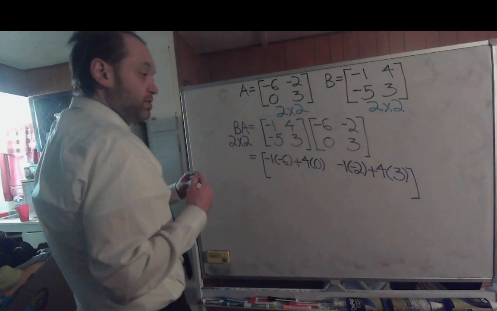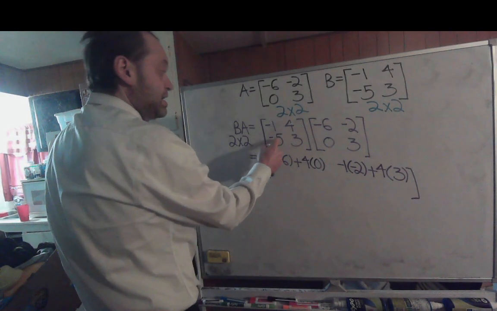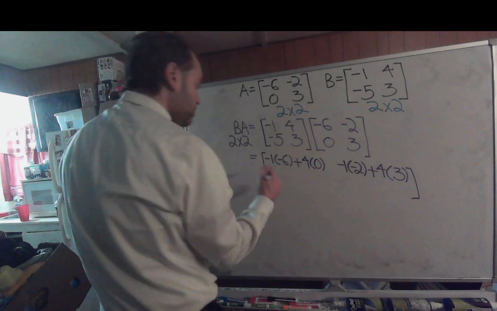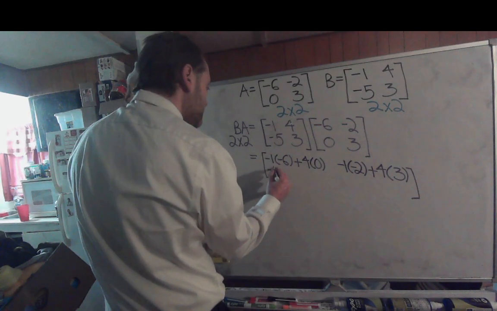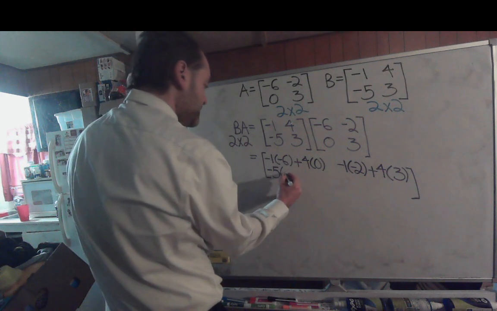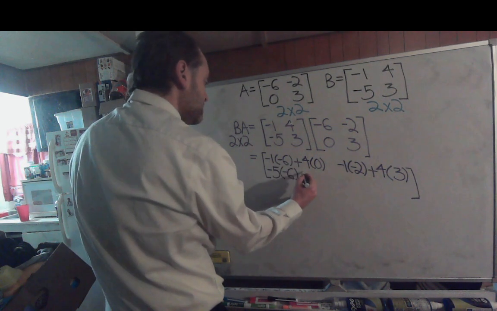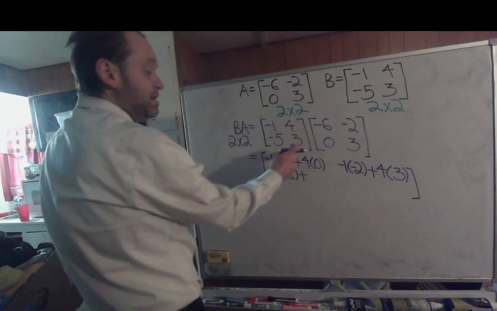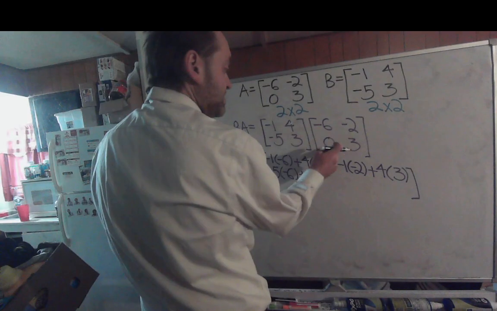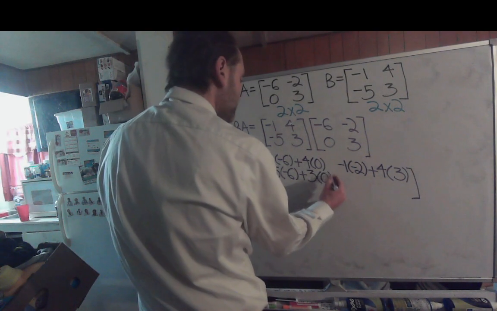Now to get your third number, you'll take the first number in the second row of negative 5. You'll multiply that by the first number in the first column of negative 6, plus you'll take your second number in the second row of 3. Multiply that by the second number in the first column of 0.